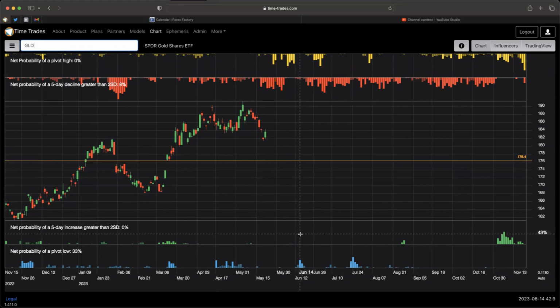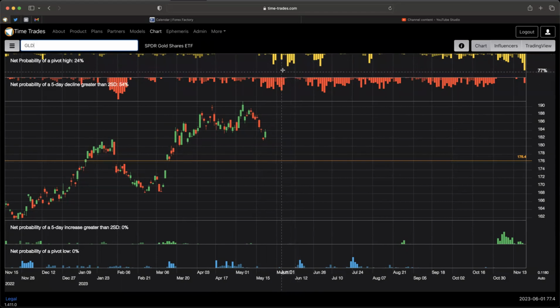We also have a pivot low forecast for mid-June. So I think there continues to be more downside potential here on gold, at least until early June, and that may extend into mid-June.